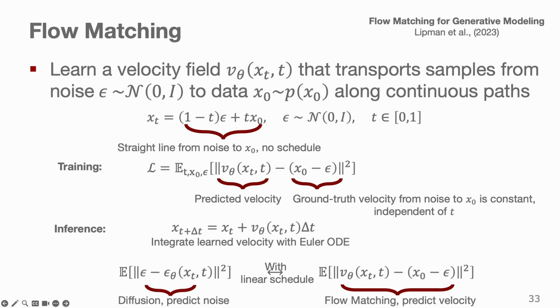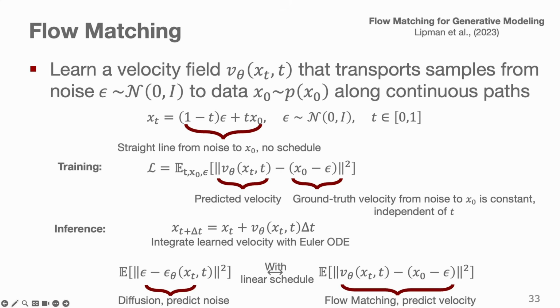And maybe one thing to notice is also the relationship between these. So, for example, if you have a linear schedule, then flow matching and diffusion are actually equivalent. Diffusion predicts the noise, and flow matching predicts the velocity, but they are related by a simple reparameterization.